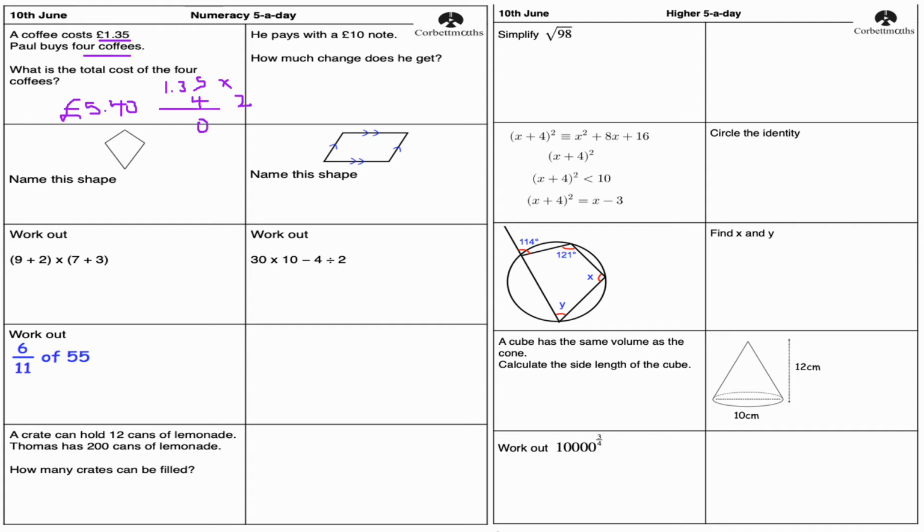Carry the 2. 4 3s are 12, add the 2 is going to be 14. 4 times 1 is 4, and then plus the 1 is 5. So the answer is £5.40, sorry, not 20. Should be a 40 there, because 4 3s are 12, and then plus that 2 makes it a 4, sorry.